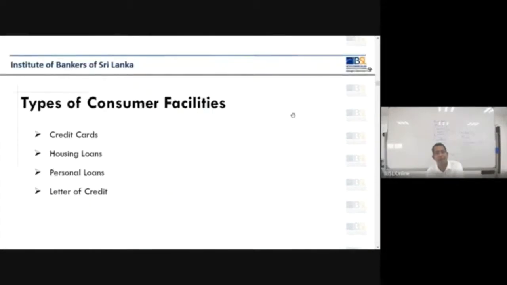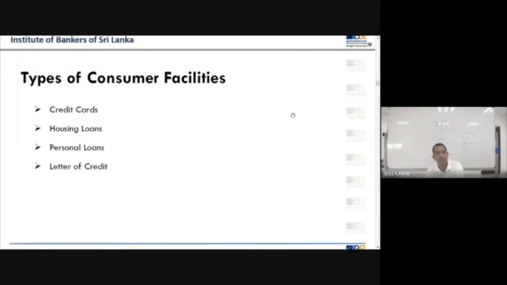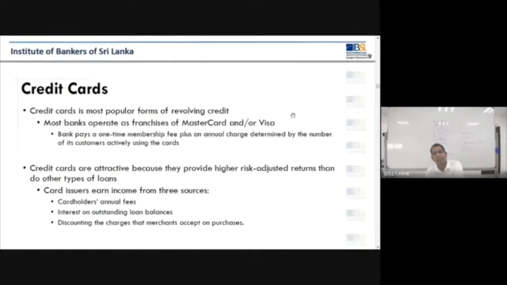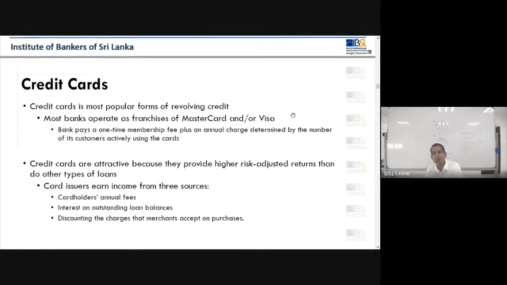These are types of facilities: credit card, housing loan, personal loans, letter of credit, like that, right? So credit card is the most common revolving personal funding. It is a revolving fund. We give a limit, the customer can use it, or the customer can settle it and reuse it.